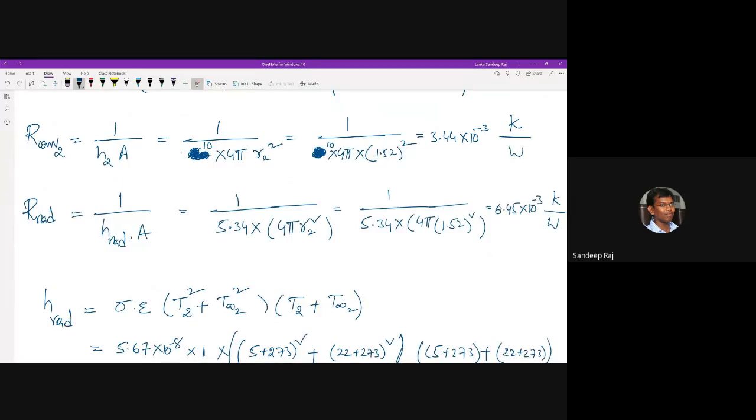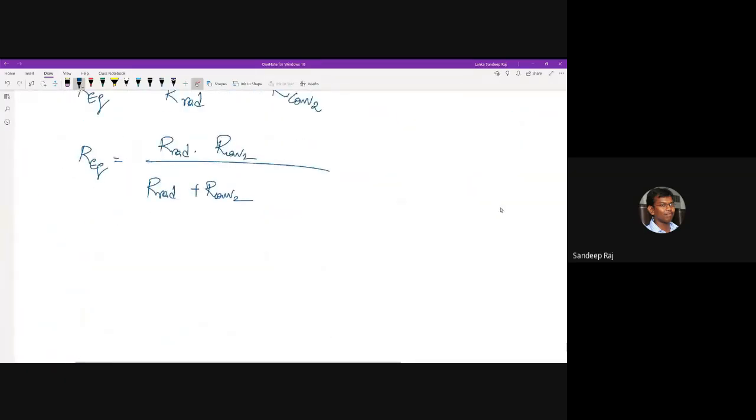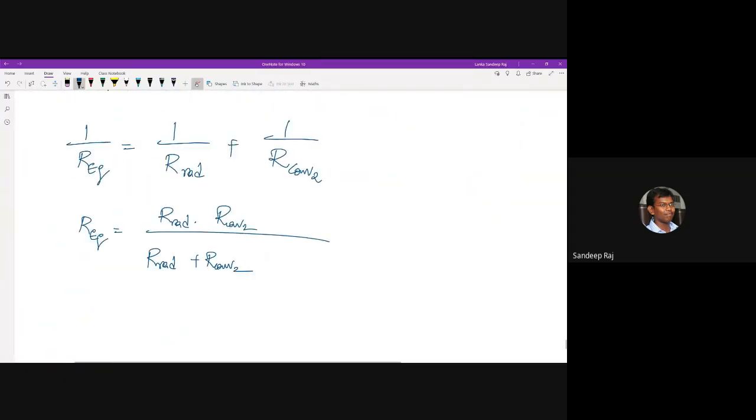So these are the values. Now we substitute those values into this equation here. R total 2.732 into 10 power minus 3.